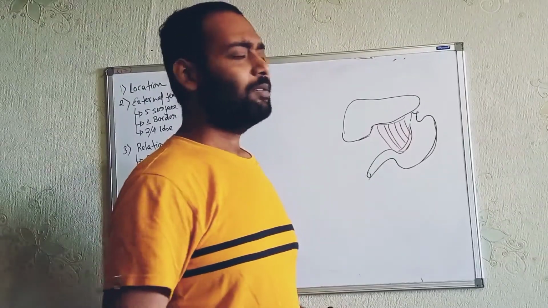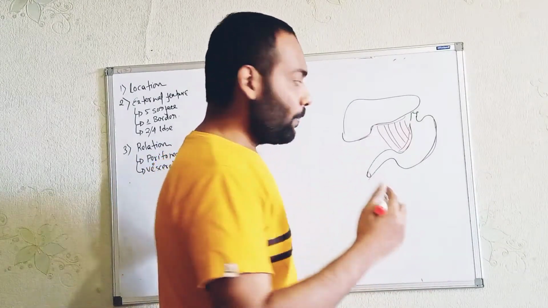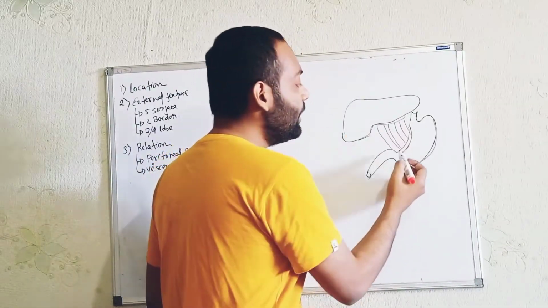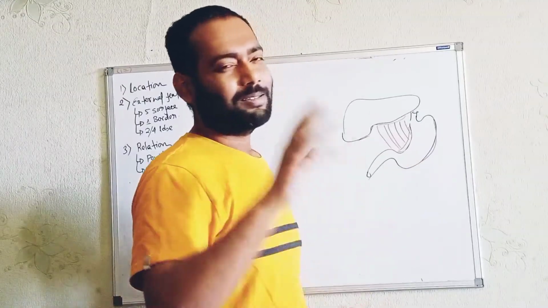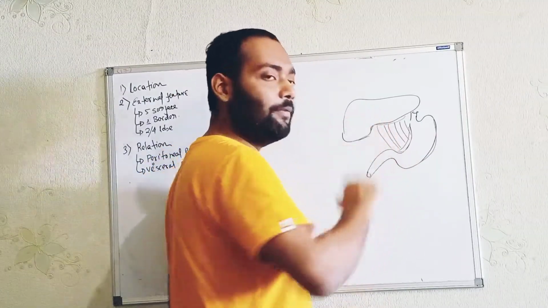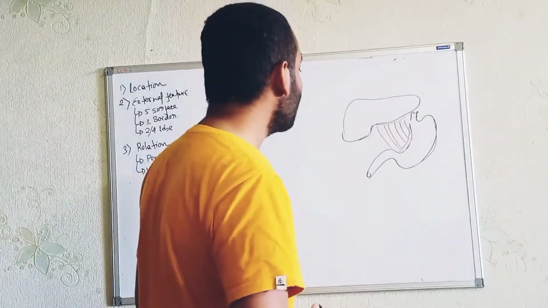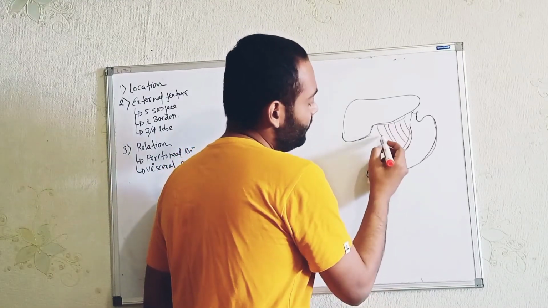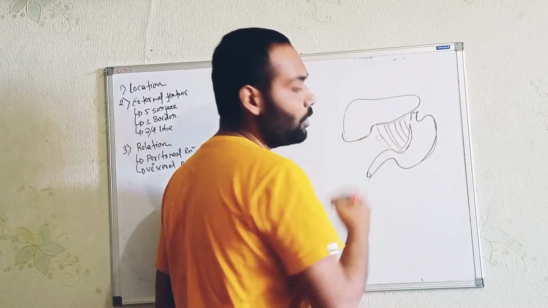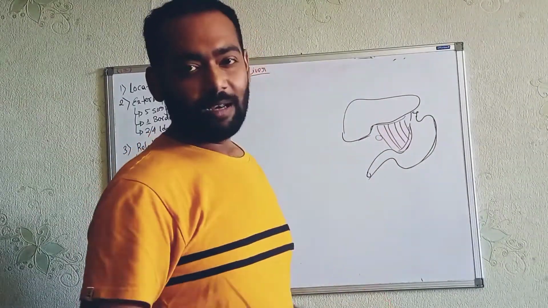Sir, how do we remember the lesser omentum? It attaches to the lesser curvature and to the inferior border of the liver. Just liver, lesser curvature, lesser omentum. Now you got it. And here we have something called the epiploic foramen, which is not relevant right now.